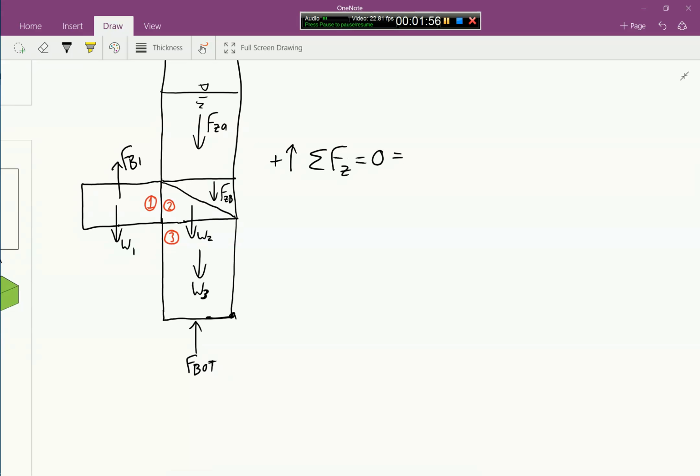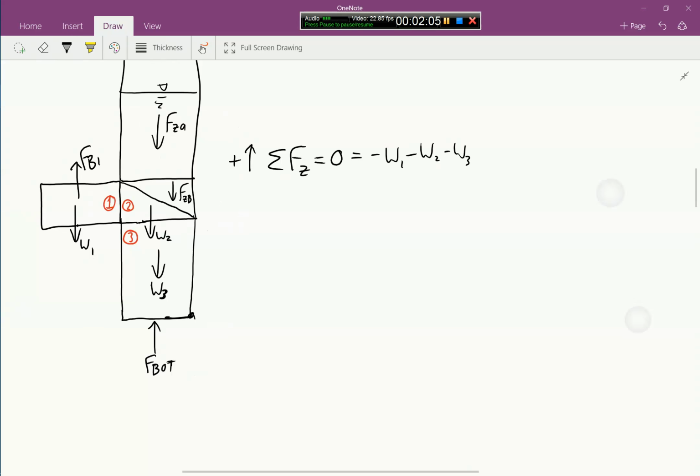So adding all these together, we'll have a negative weight 1, a negative weight 2, a negative weight 3, and then a positive FB1, a negative FZA, and a negative FZB, and then finally a positive force on the bottom because that acts upwards.